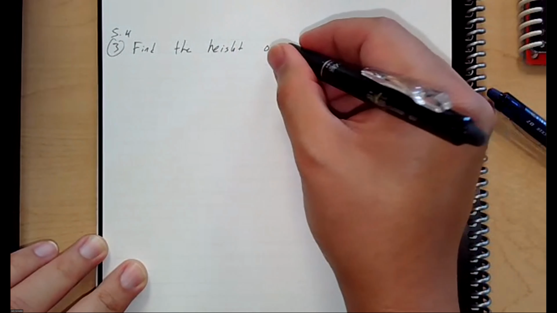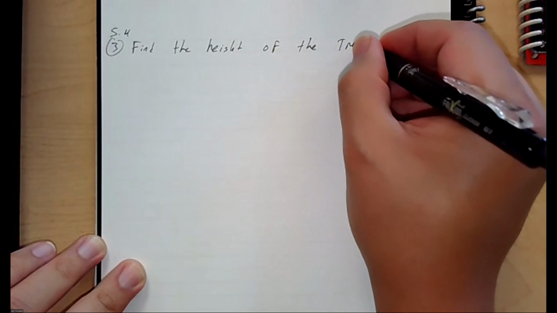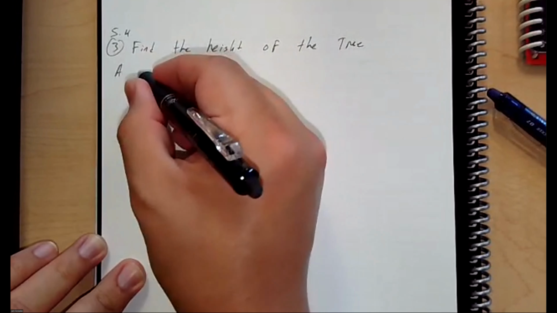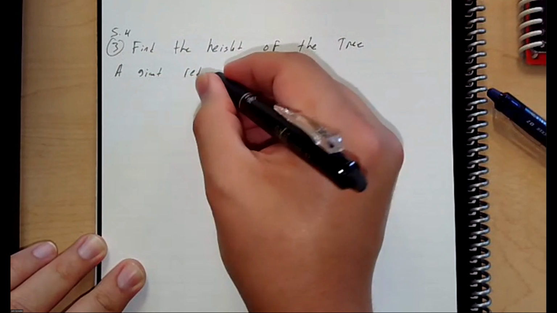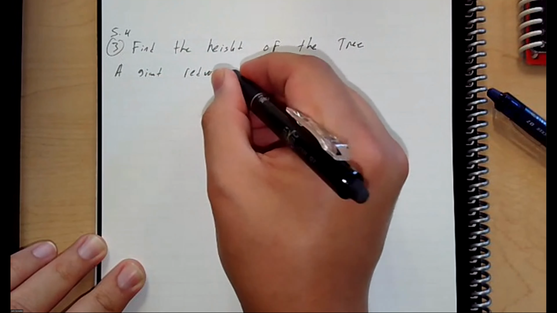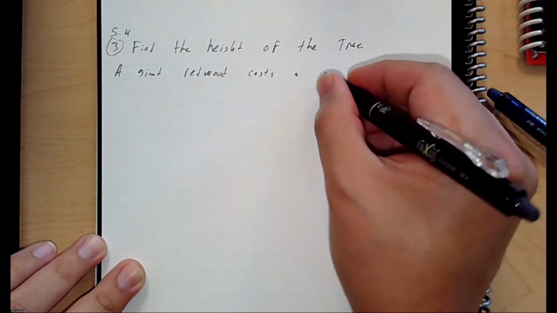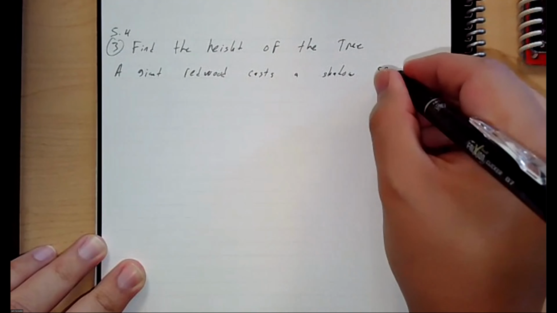Find the height of the tree. So a giant redwood casts a shadow 532 feet long.